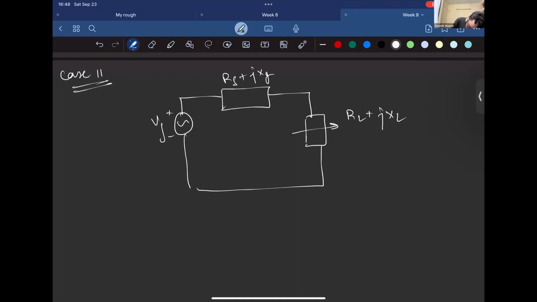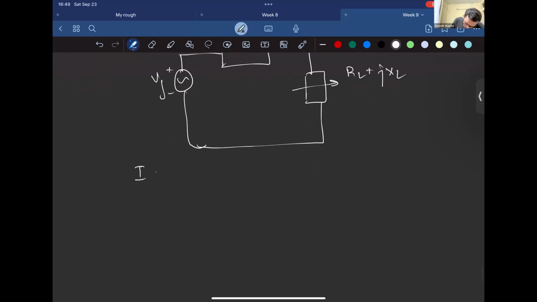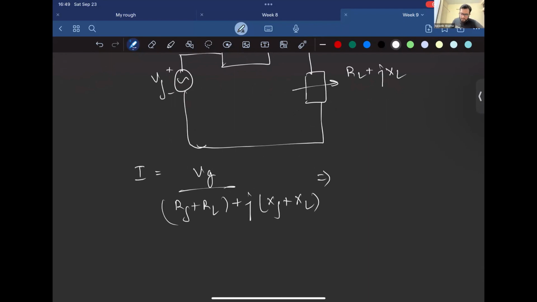Right. So now, what will be the value of I? I would be Vg upon Rg plus RL plus j times Xg plus XL. Now, can you tell me when I will be maximum? Let's talk about XL first.